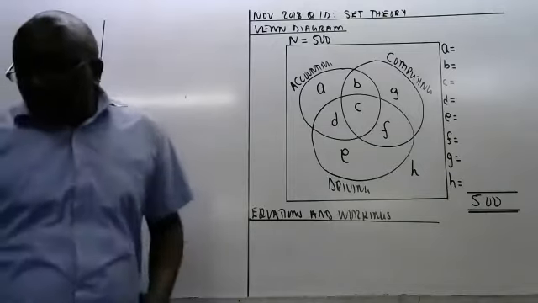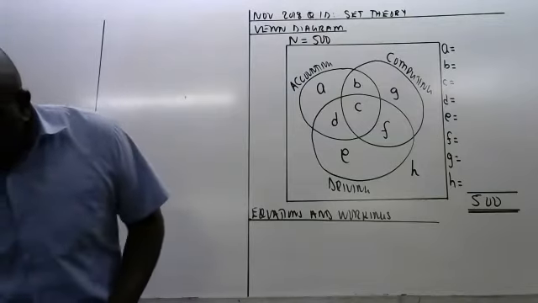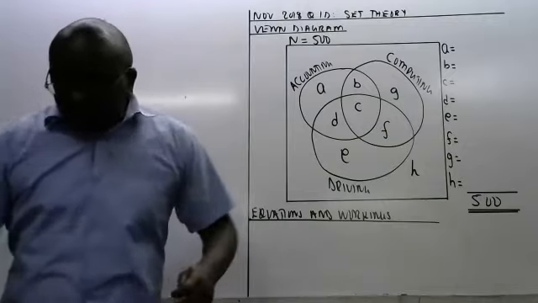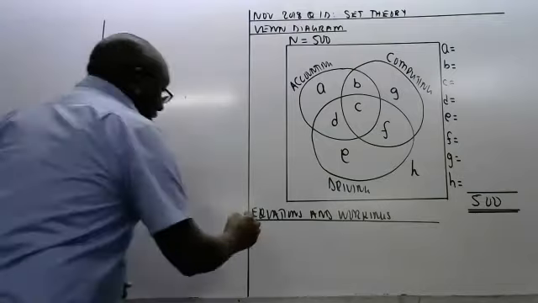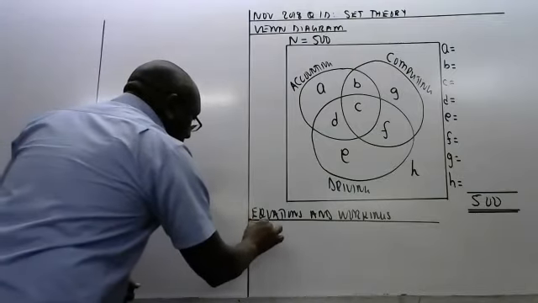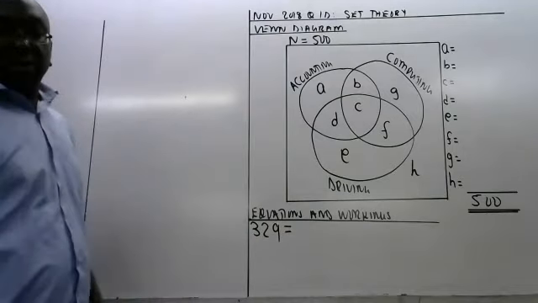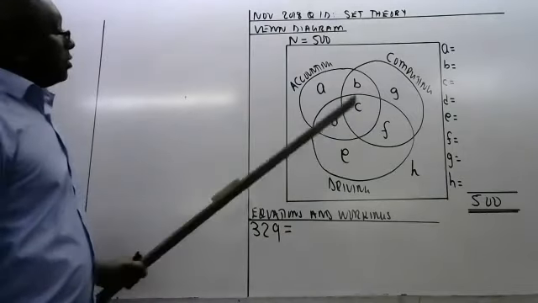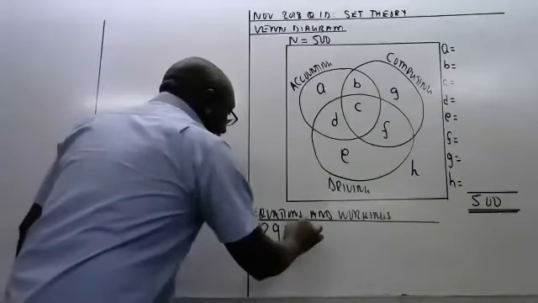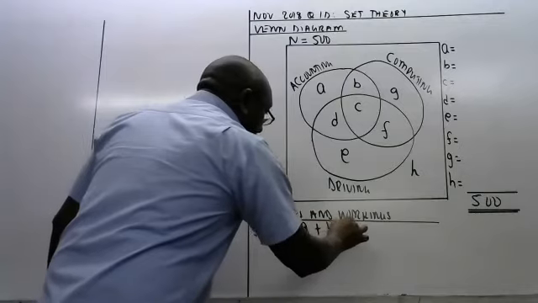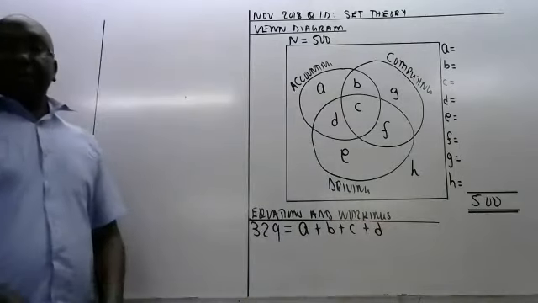So we can start now recording the equations as per the question. So we are told 329 were undertaking accounting. So you say 329 should be equal to everyone who is in accounting. So all the members who are inside accounting, that is A plus B plus C plus D. That is 329.